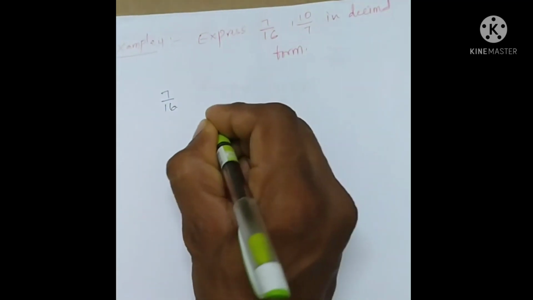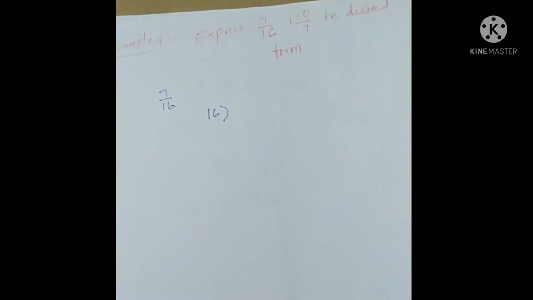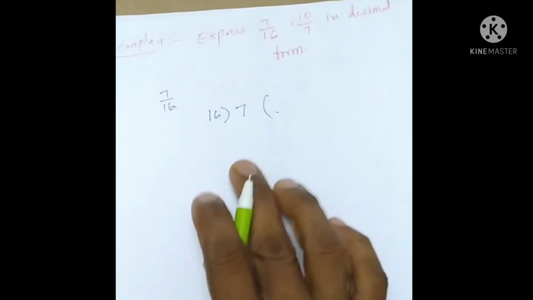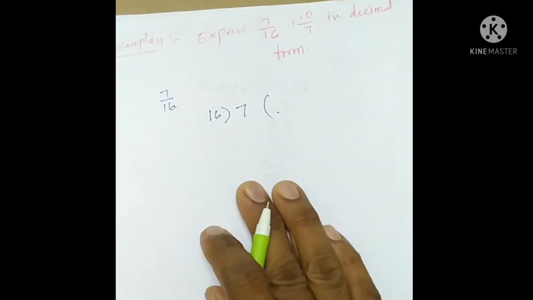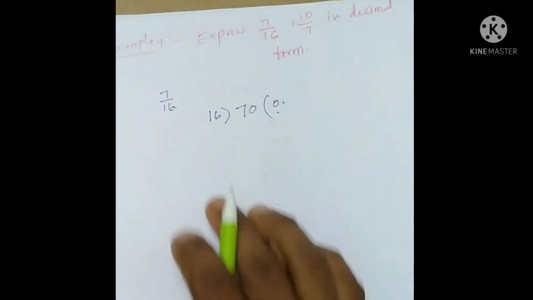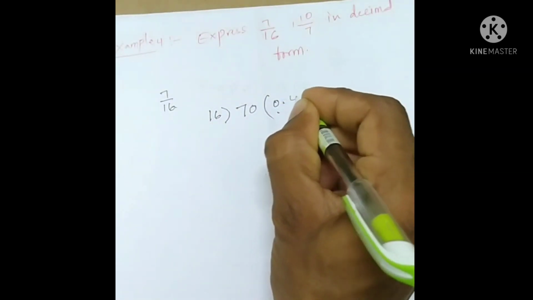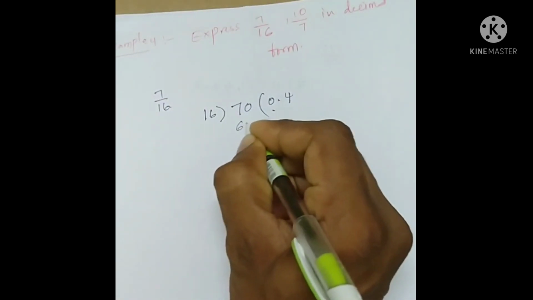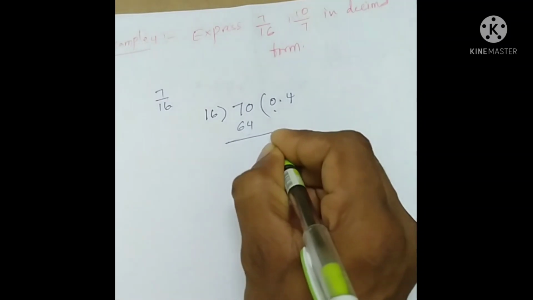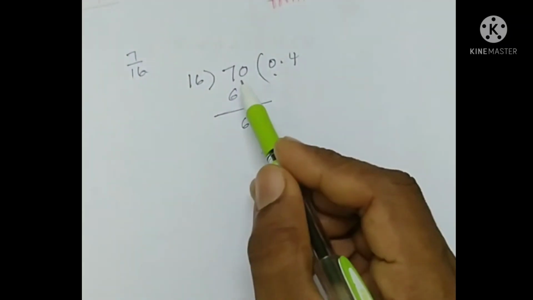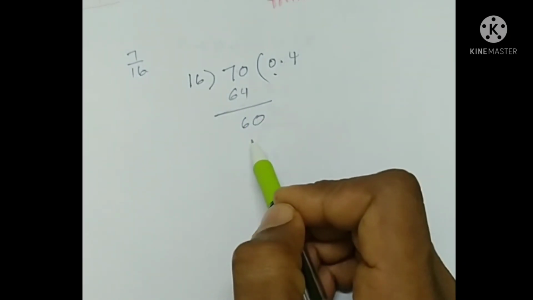So here divisor and dividend, quotient and remainder. So here 0.0. So 16 fours are 64. So 70 minus 64, the result is 6.